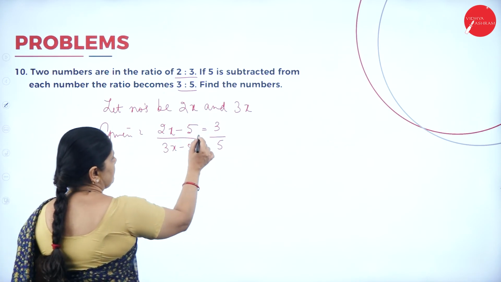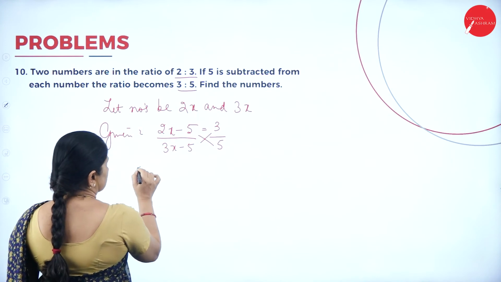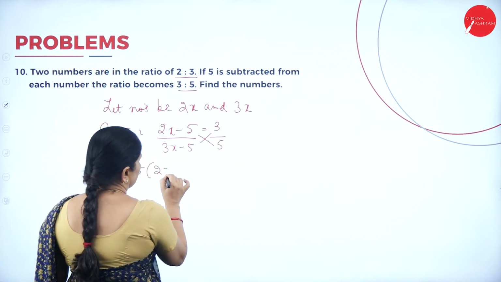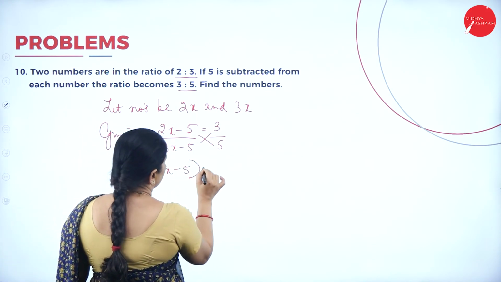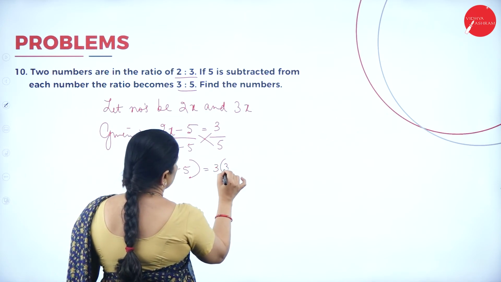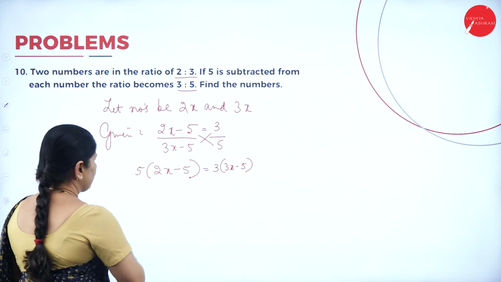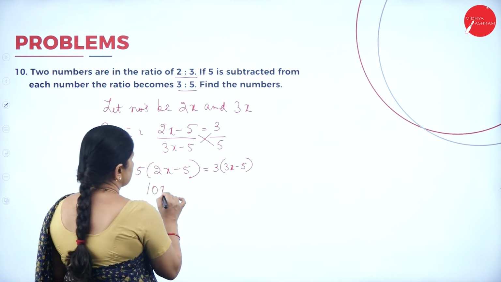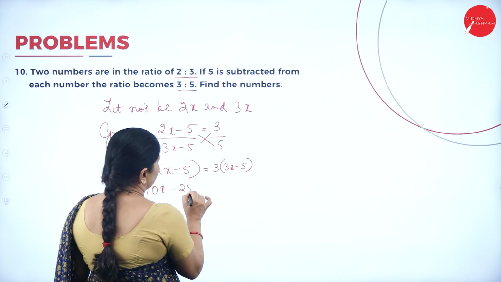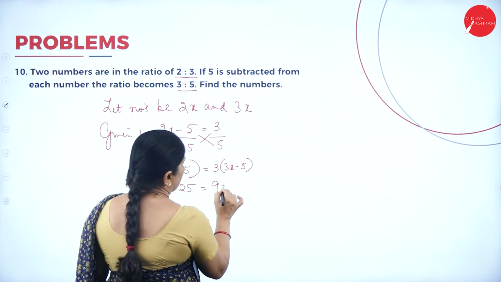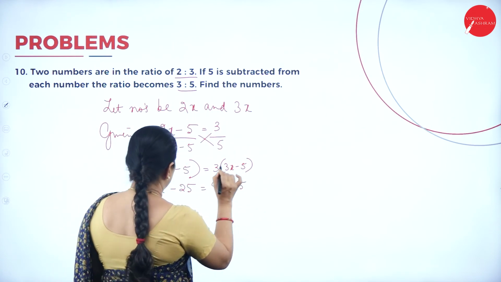Now, we cross multiply. 5 into (2x minus 5) equals 3 into (3x minus 5). So, 10x minus 25 equals 9x minus 15.